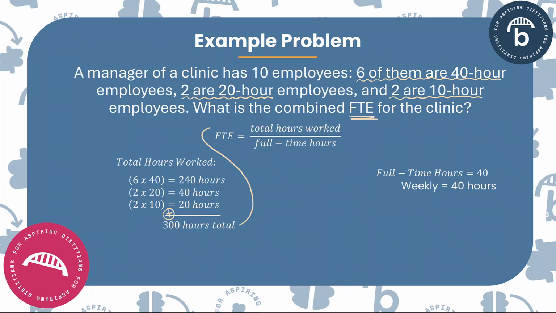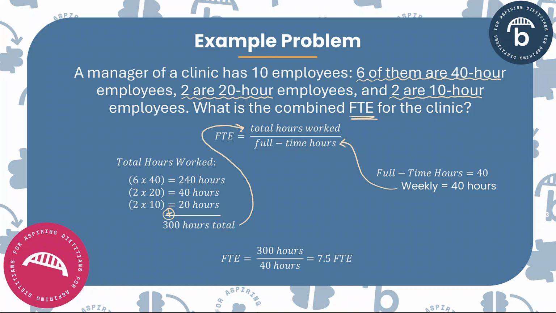So to solve for FTE, we'll take our total hours worked, which is 300 in this case, and divide it by the amount of full-time hours. Since we're talking weekly here, full-time hours in a week is 40 hours. So if we take 300 and divide it by 40, we'll get 7.5 FTE.